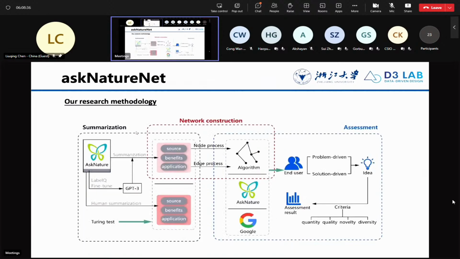Here is the graph showing our methodology. We employ the GPT-3 model to automatically summarize three types of biological knowledge: source, benefits, and application, which are further structured as a biological semantic network for exploring biological inspirations.